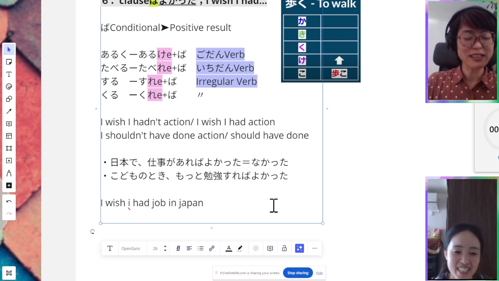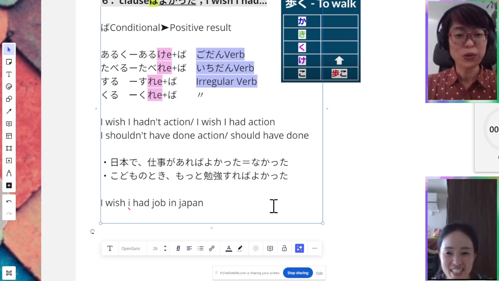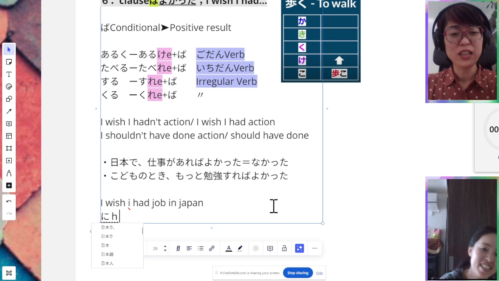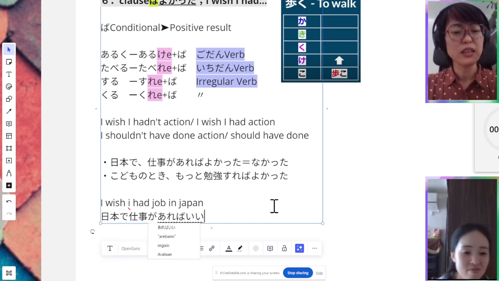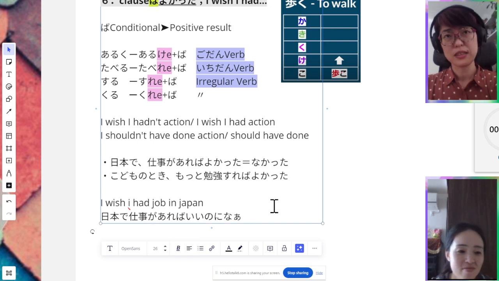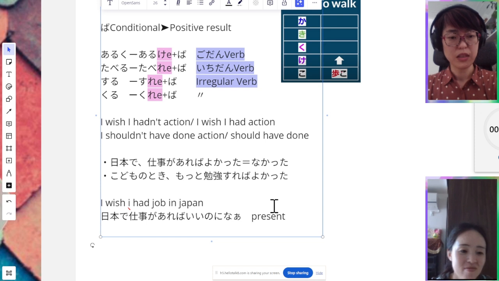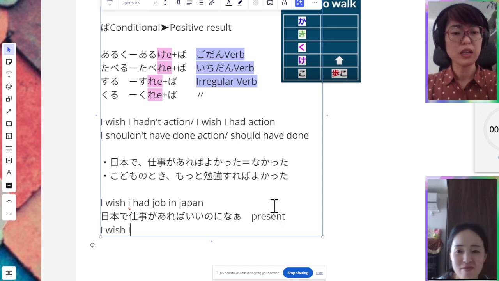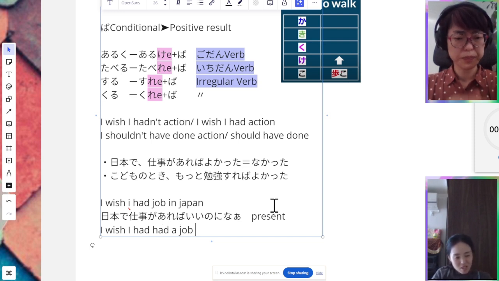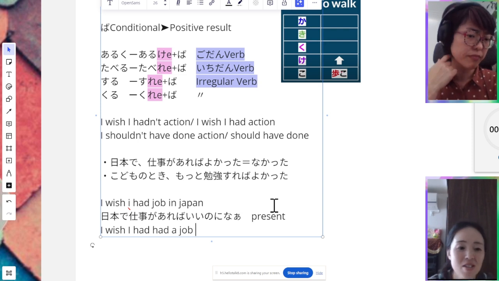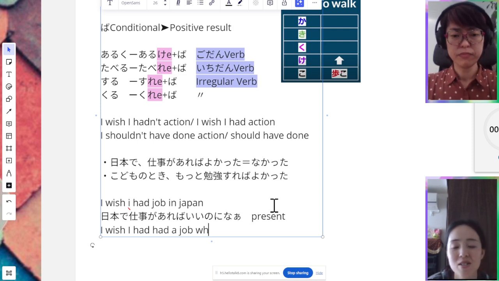In the Japanese sentence, it's not past tense. これは、日本で仕事があればいいのにな. It's present. I wish I had a job. 日本で仕事できないな. Current things.